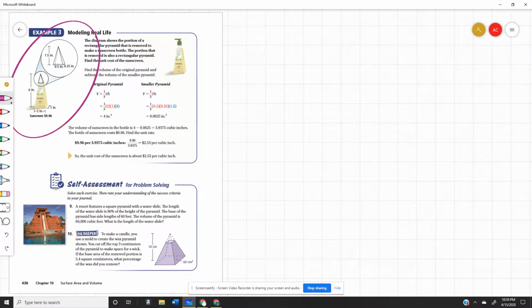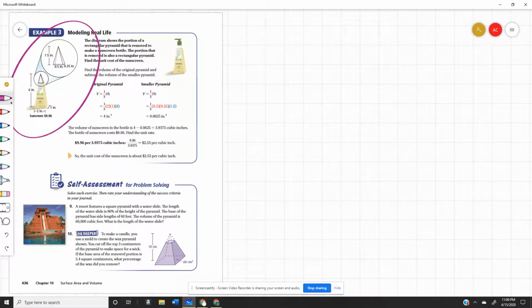Okay, so what we're going to do is find the volume of the original, and then find the volume of the smaller one, and then subtract that, and then find out how much it costs per unit, per inch. We're going to be dealing with inches. So we're going to find out how much it costs per inch of sunscreen.